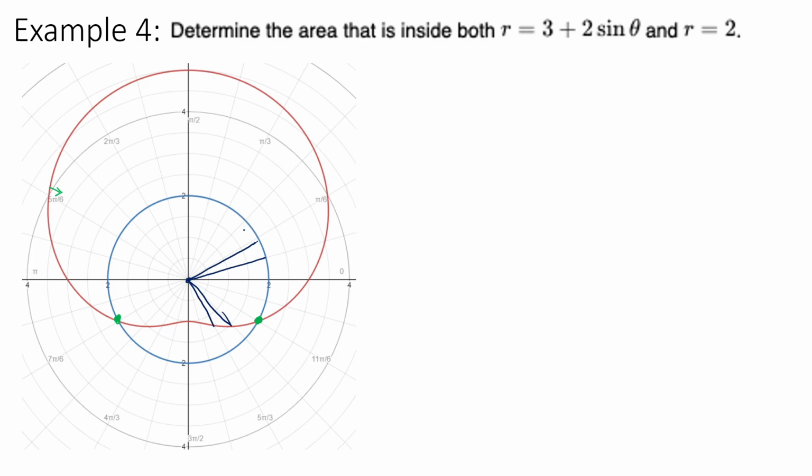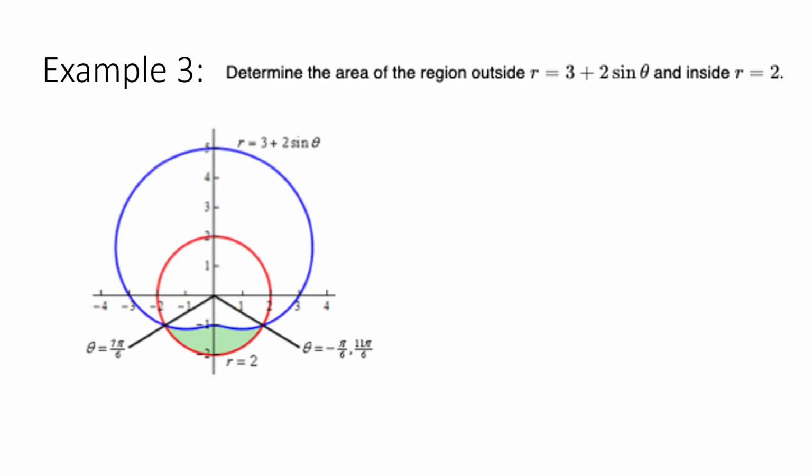It's not touching two graphs, right? Because in our earlier problems, if you go back, when I create a small sector, notice that it is touching two equations, the red and the blue one. The same goes for example number 2, the area inside the blue and outside the red. If I create a sector here, it's touching the blue one and the red one as well.